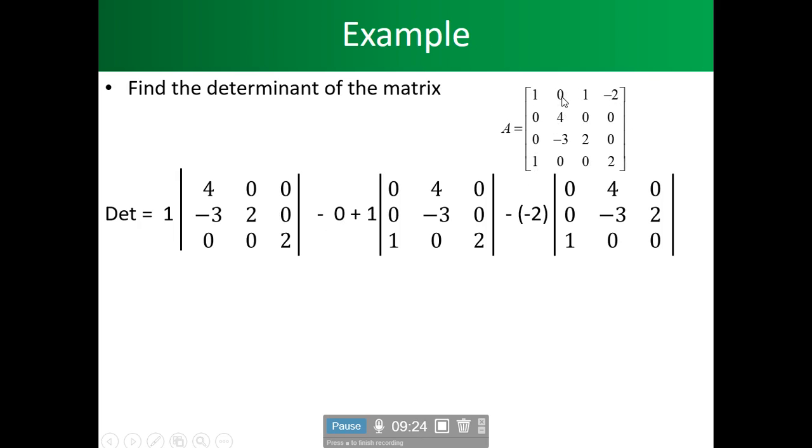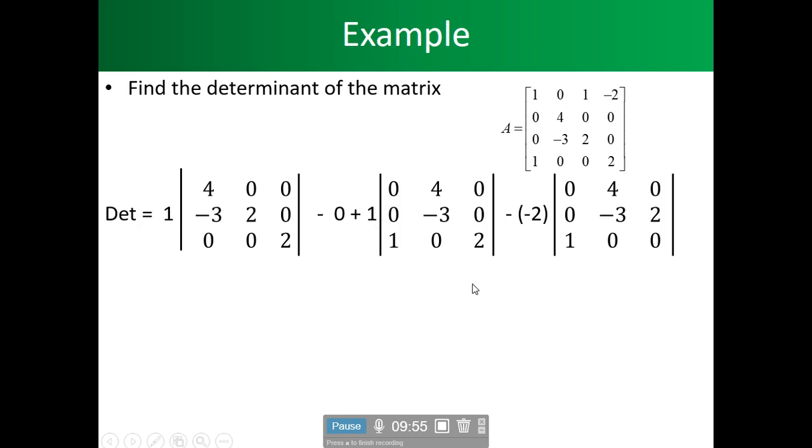We don't have to do anything, so we move to the next one. Then it'll be a plus 1, and we'll take these three here, as you can see, 1, 2, 3, and then we'll take the last row over here. Since this is plus, minus, there's your minus, and here's your minus 2, and then you just take this little corner here.